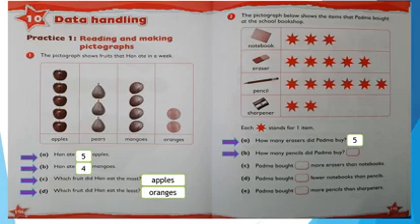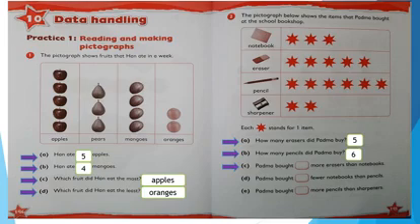Let's go to letter B. How many pencils did Padma buy? Will you count the stars? Okay, the correct answer is 6. Let's have letter C. Padma bought blank more erasers than notebooks. So if you look at the pictograph, look at the erasers and the notebooks.